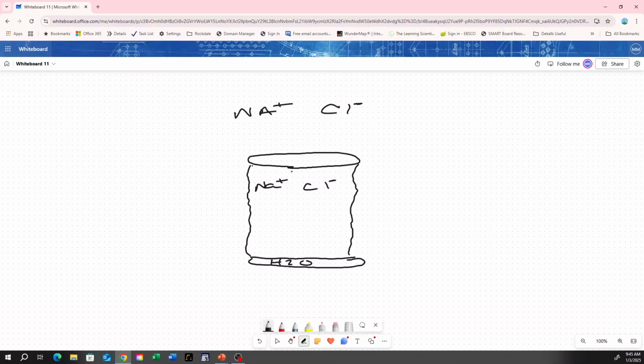And guess what they're going to do? They're going to dissociate in this water. And when they dissociate into negative and positive ions when placed in water, that is an electrolyte.